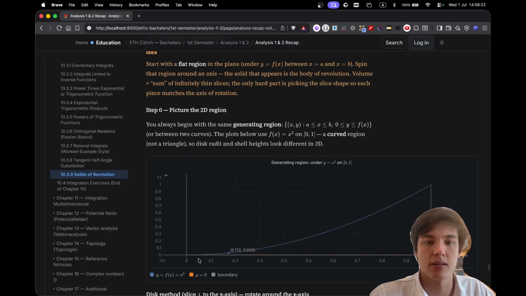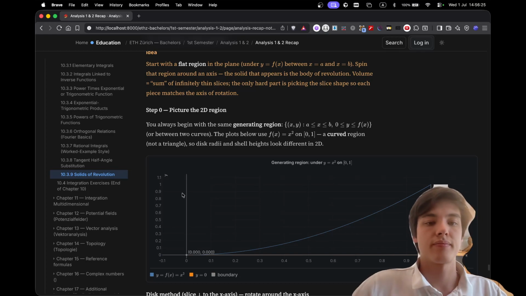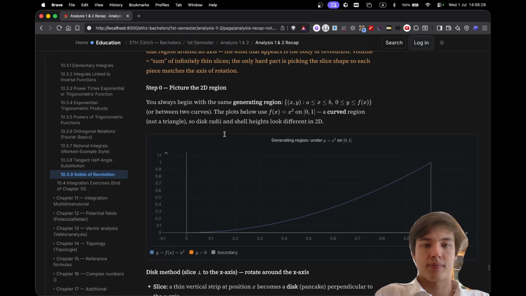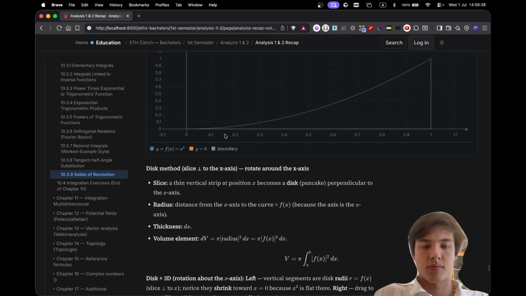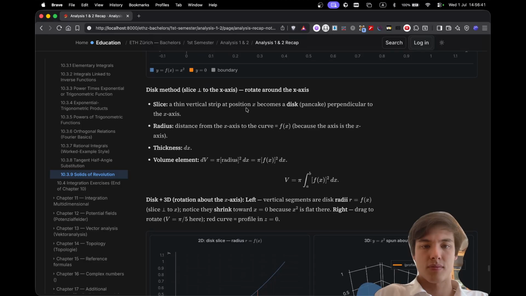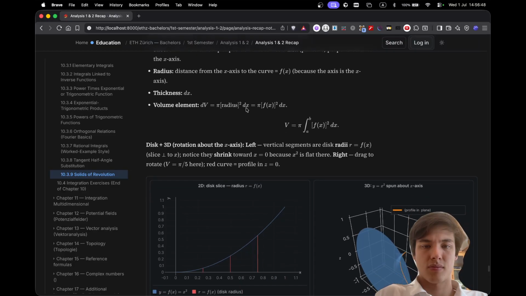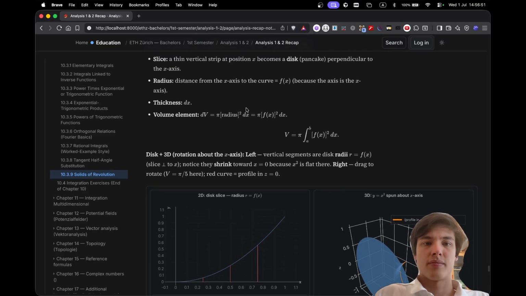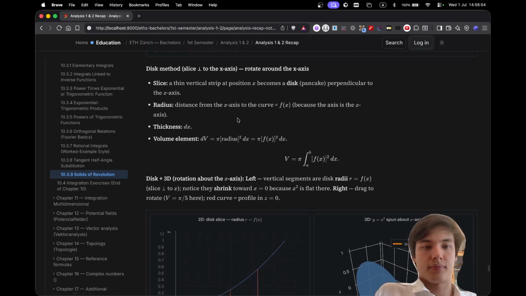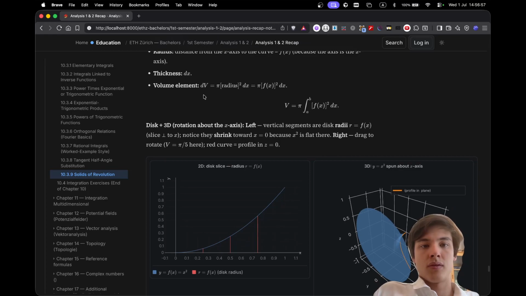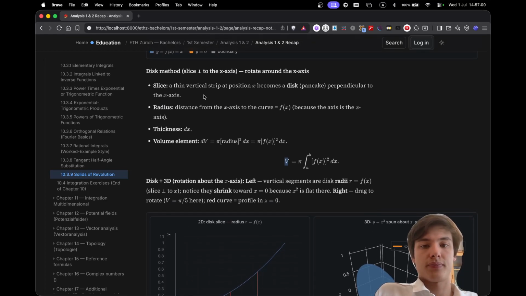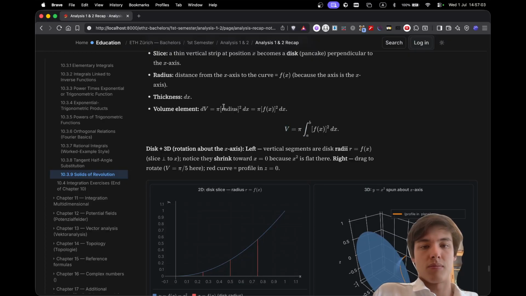So if we have slices all around here, we integrate, get the volume. So pi times radius squared.